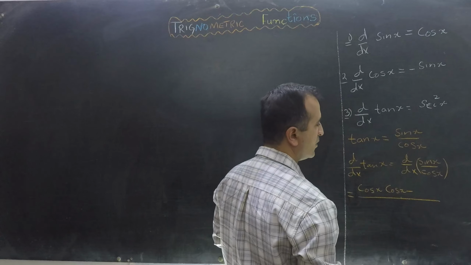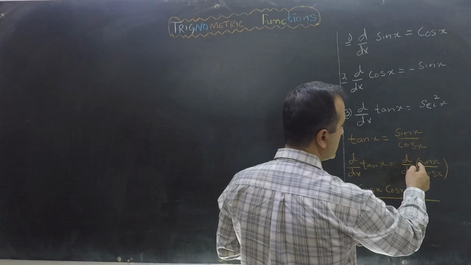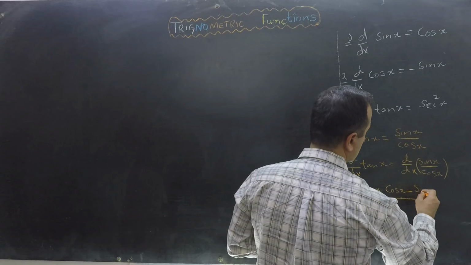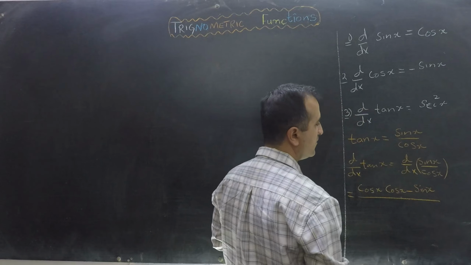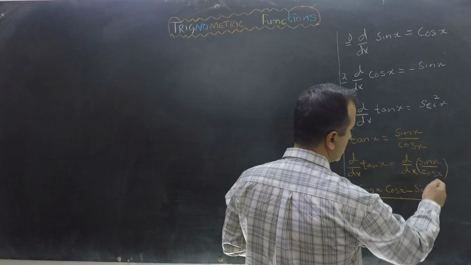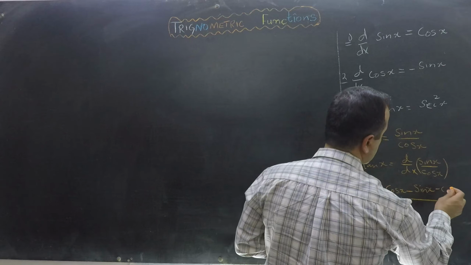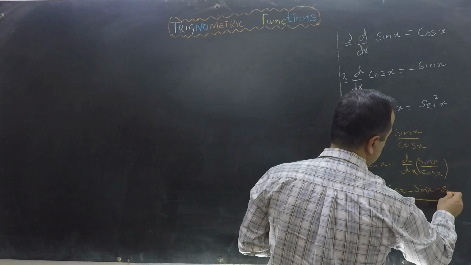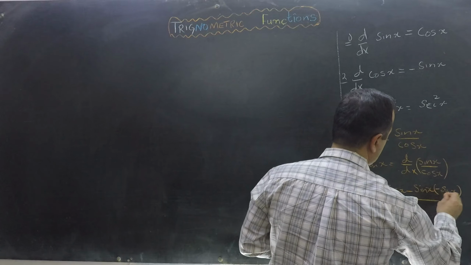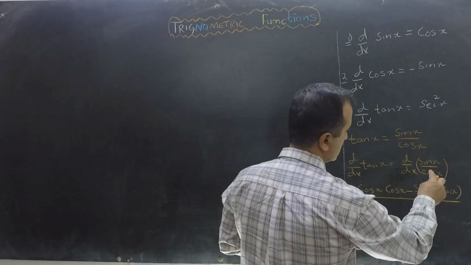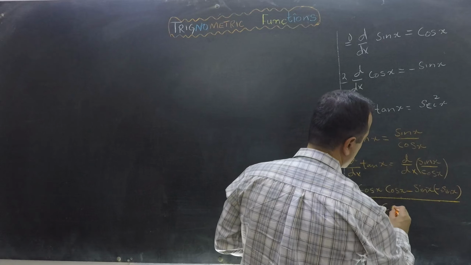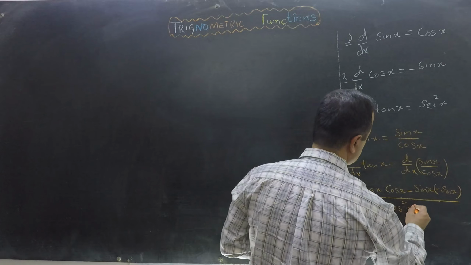minus we keep our numerator as it is and multiply it with the derivative of denominator, which is minus sin x, divided by square of the denominator, which is cos square x.